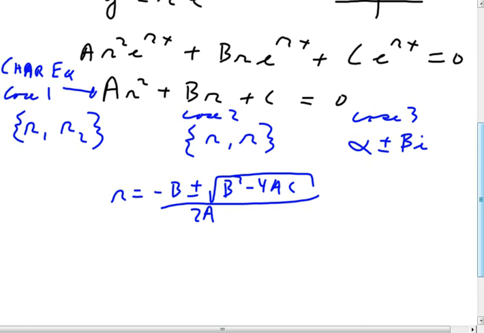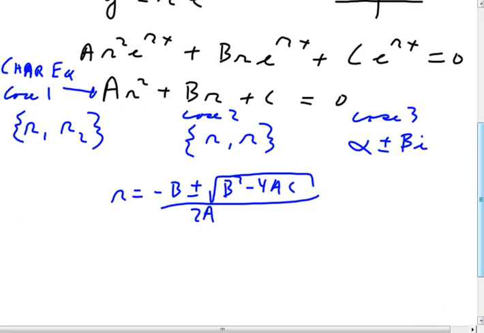I'm going to put in an r or an m, you could use an m if you want. I'm going to square it if it's a second derivative, have a first power if it's a first derivative, and y to the 0, which I don't write down, if it doesn't have any derivatives. And with that characteristic equation, I'm going to find the roots.